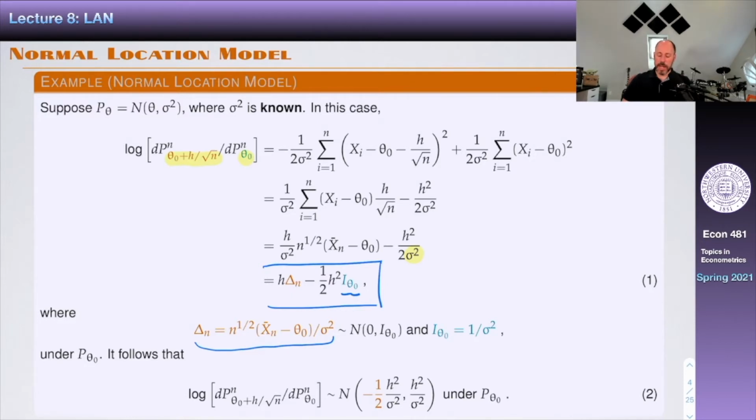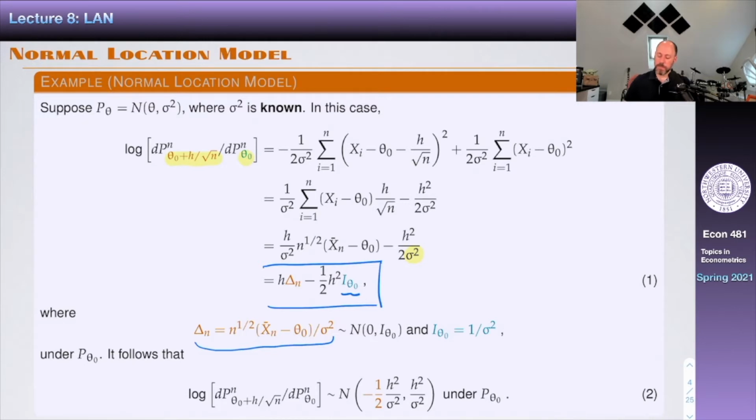So when you realize that delta n has this distribution, it follows immediately that the log likelihood ratio has a normal distribution with mean negative half h squared divided by sigma square and variance h squared divided by sigma square, which in other words shows that we have this relationship between the mean and the variance that we discussed when we were talking about contiguity.